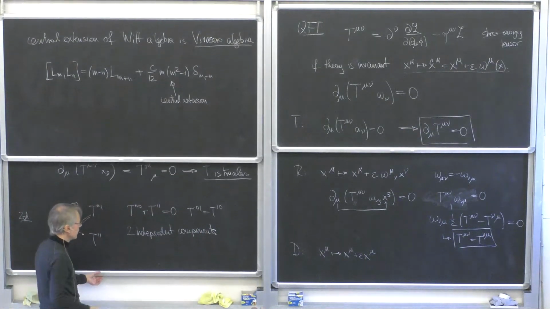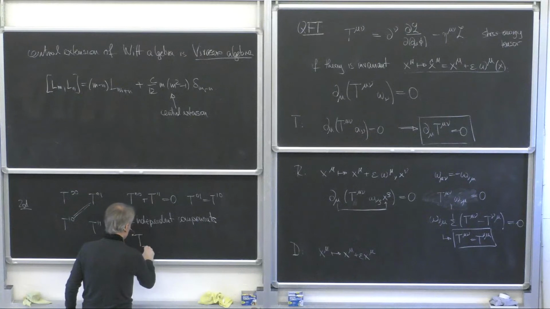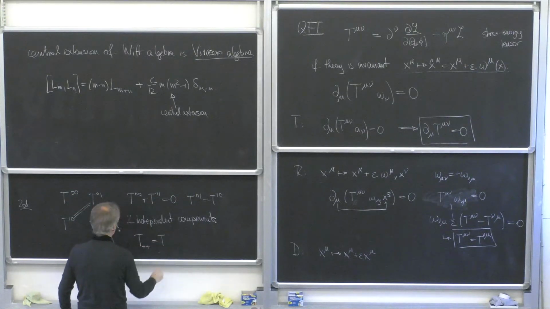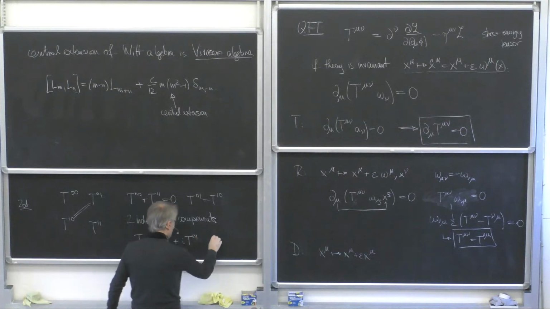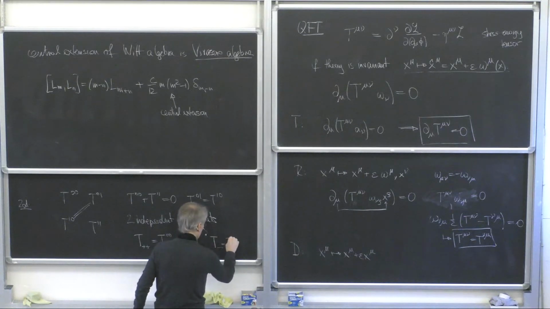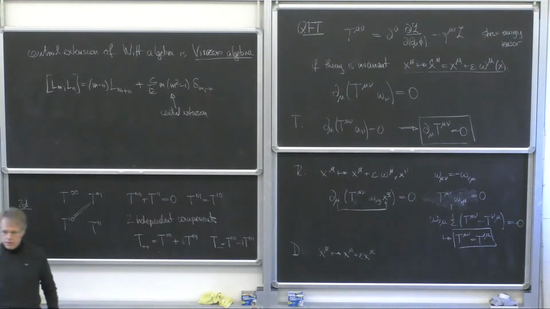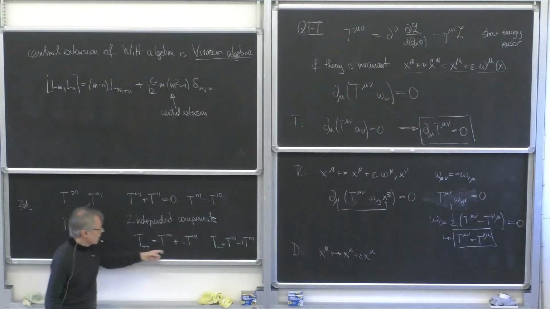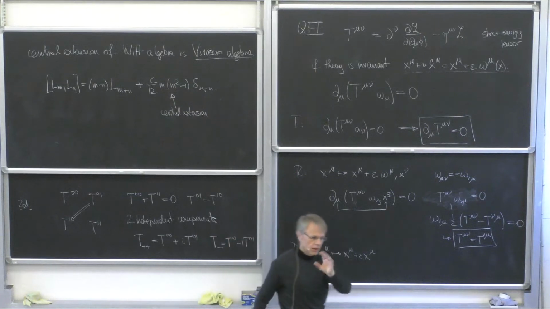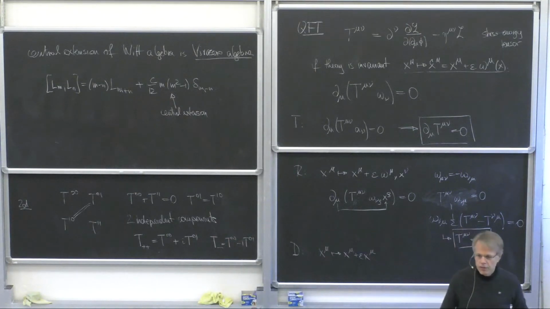And it'll be convenient to write them as T plus plus, and the other one as the other, but which one is which one, I will not get right now. So it'll be convenient to write the 2 components in terms of complex combinations. There are only 2 real components, and therefore, instead of having 2 real components, I can write a complex component and its complex conjugate.